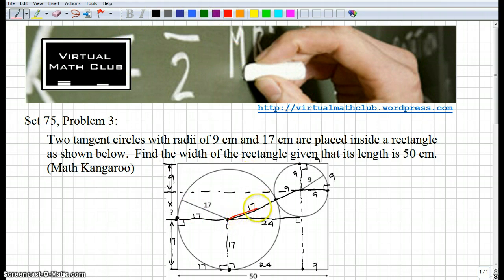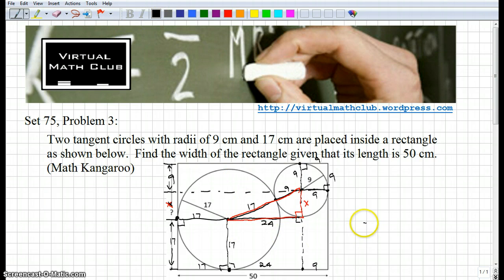This is the triangle right here, and I know the hypotenuse and one leg of the triangle. This is perpendicular, and I'd like to find this distance here, because that's going to be the same as this distance over here. If I have that distance, I can add it to 9 and 17 and get the distance I'm looking for.